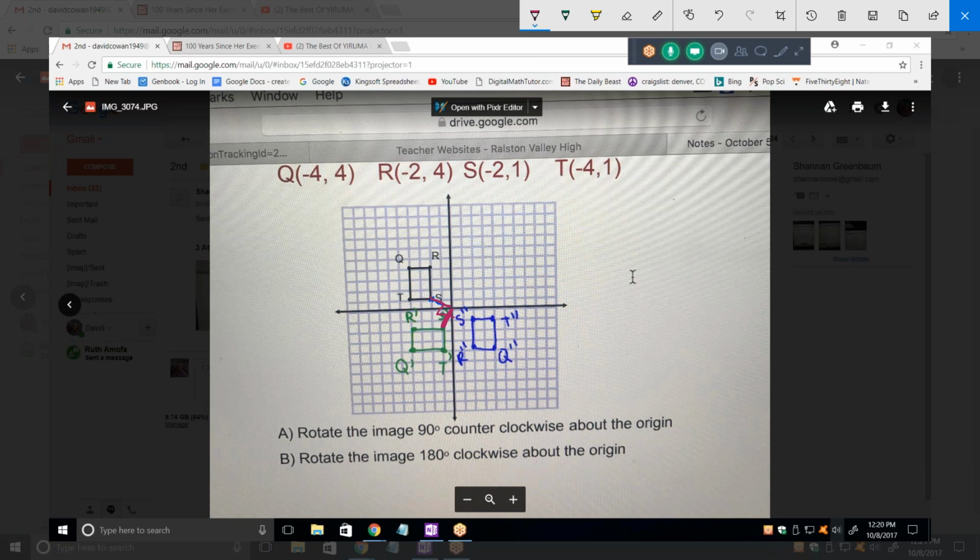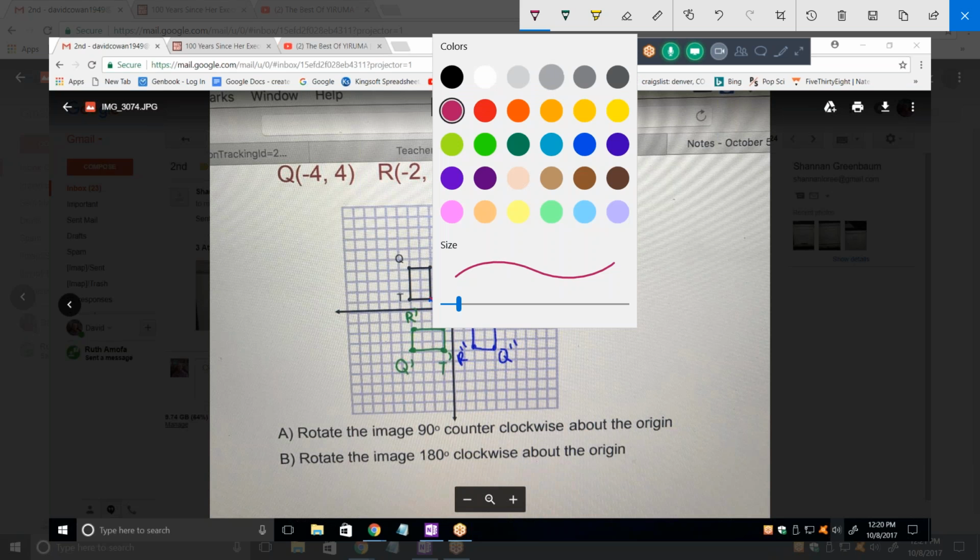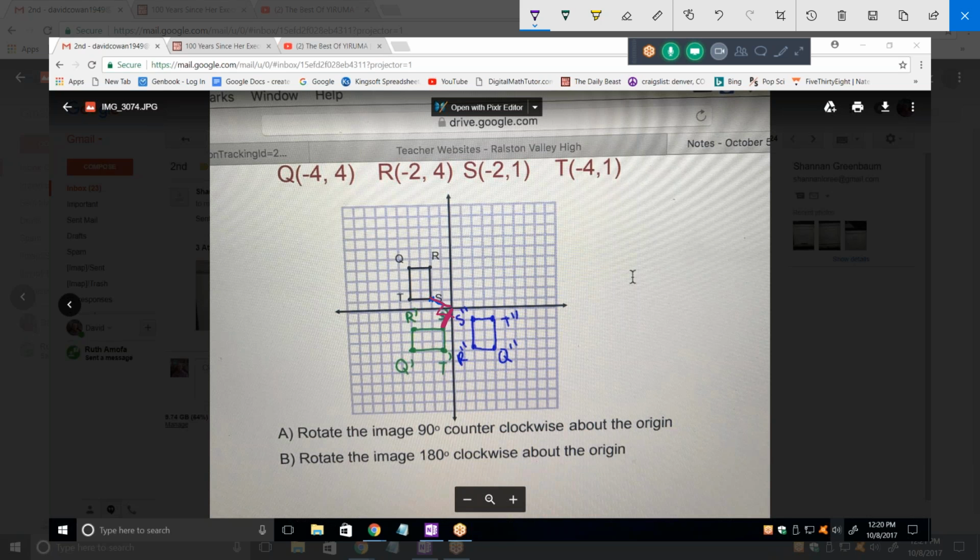And you could do the same thing with another point. Let me use purple. If I want to rotate point T, I draw a straight line, make a perpendicular line, which means the 90-degree counterclockwise rotation, and there's my new point T. Same thing with R, same thing with Q. Now, let me erase all of that.